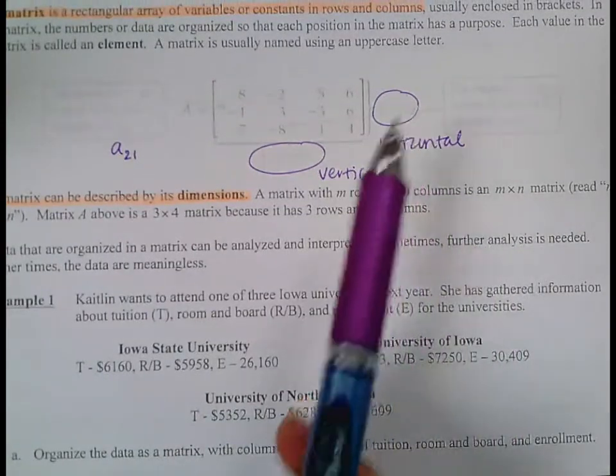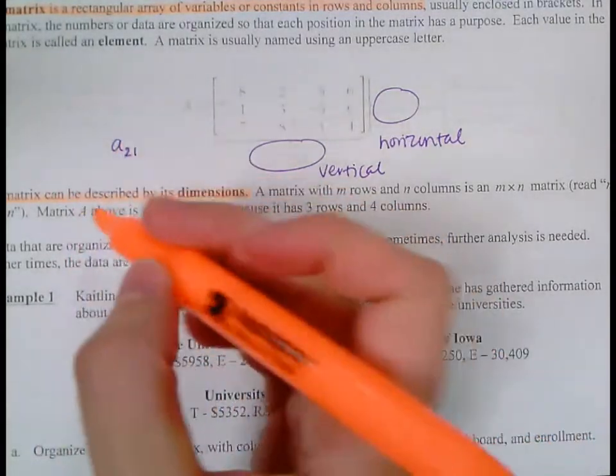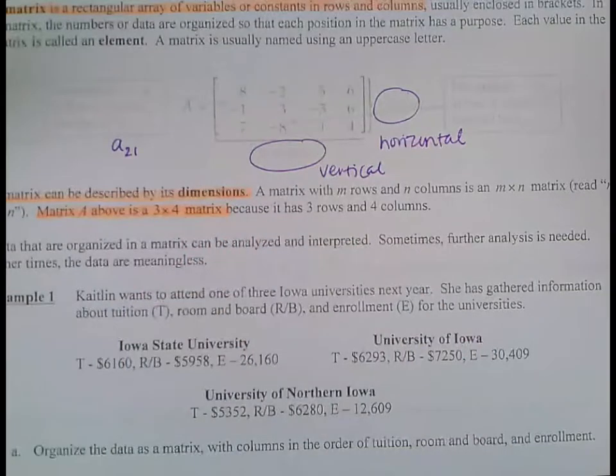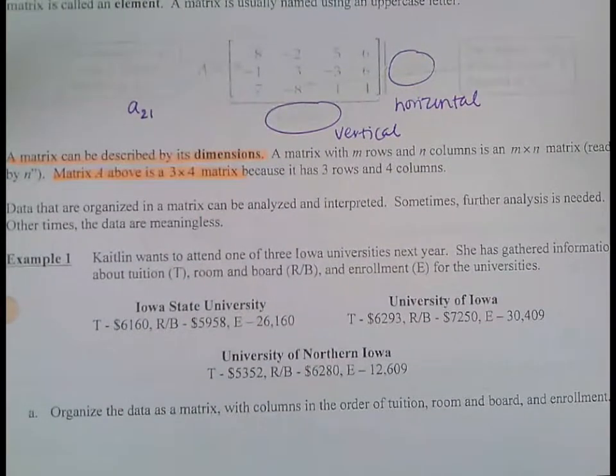Because there's 3 rows, 4 columns, matrix A would be called a 3 by 4 matrix. The dimensions of a matrix do matter, especially when you're performing algebraic operations on a matrix. There's certain matrices you can't add together. There's certain matrices you can't multiply together because of their dimensions.